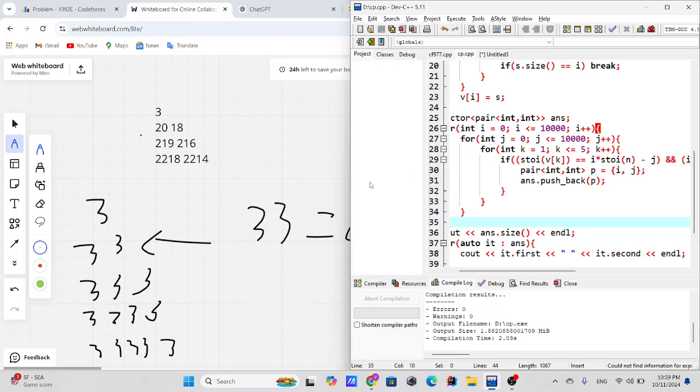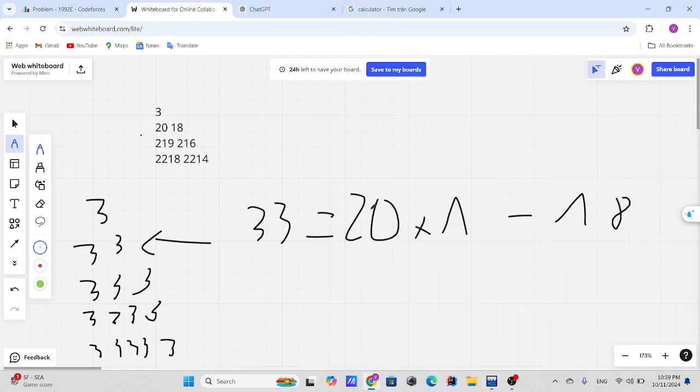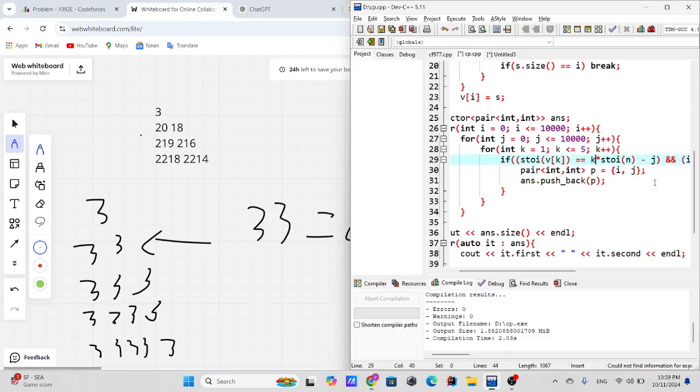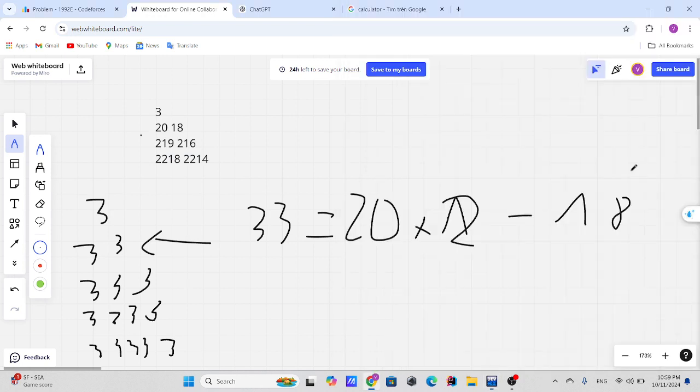VK 33 is equal to Y, 20. Oh, E is 2, right? This should be K. Yeah, my bad. It's multiplied by 2 minus 18.